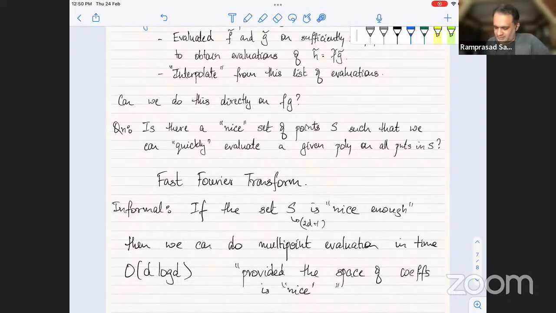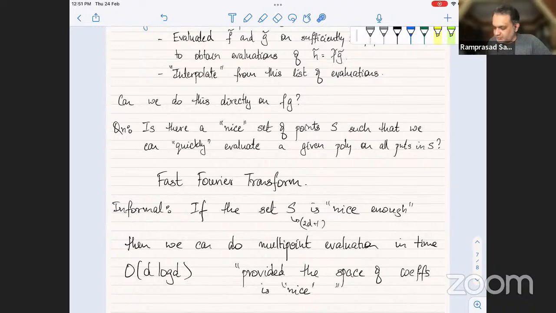But as we will see in the FFT algorithm, it will turn out that if your coefficient space is nice enough, in the sense that, I'm going to drop a few things, if there is what is called a root of unity of the right order present, then you can compute all of these evaluations in order d log d time.